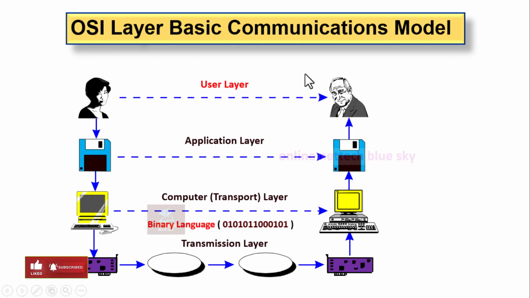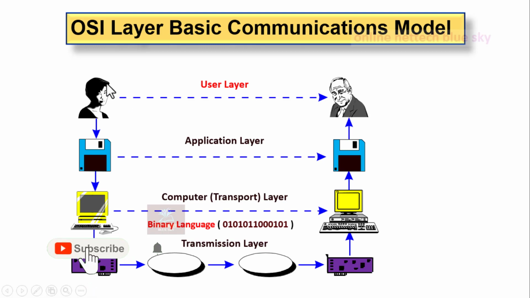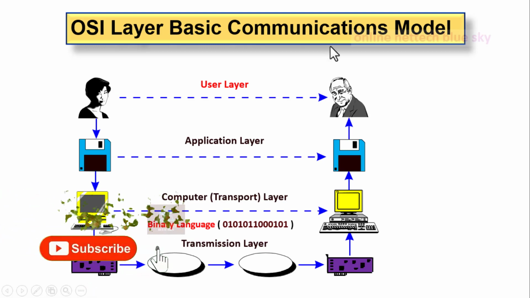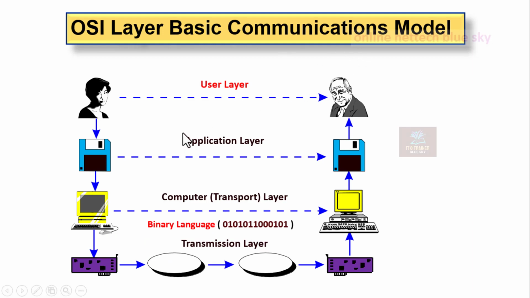Suppose this man is the head, the CEO, and this is the HR manager. The CEO gives an order, giving a file with some data. So how does this data transmit to this user, and how does the communication model work?